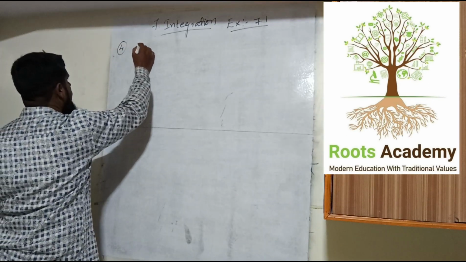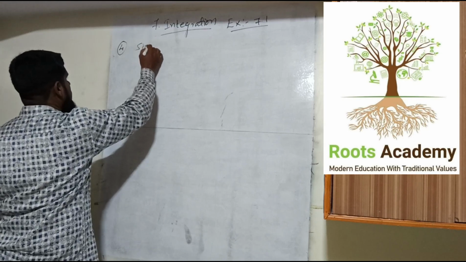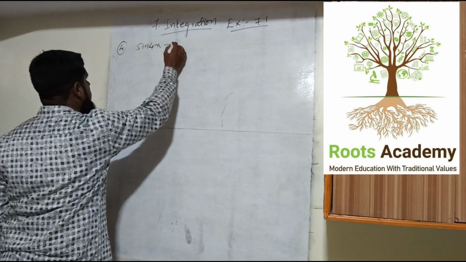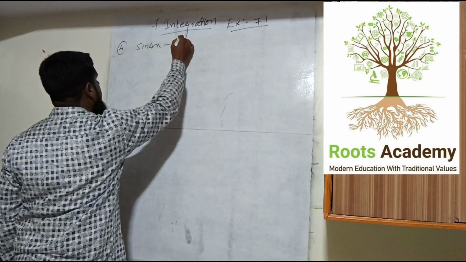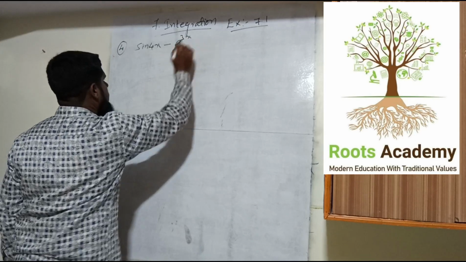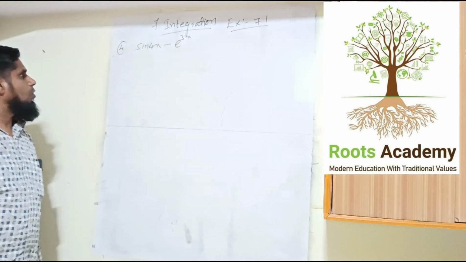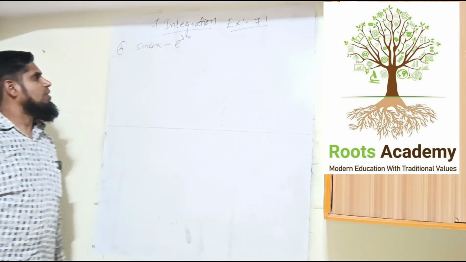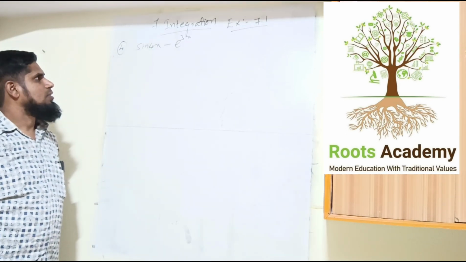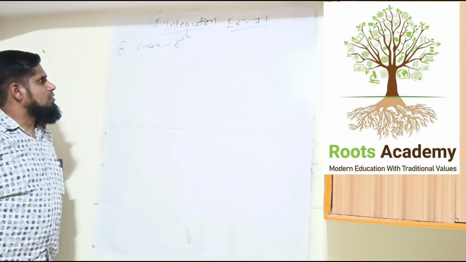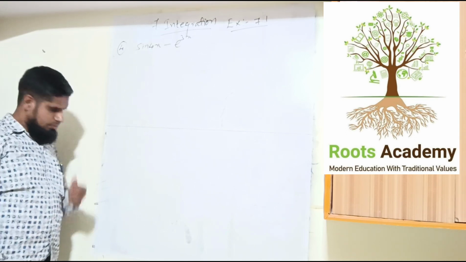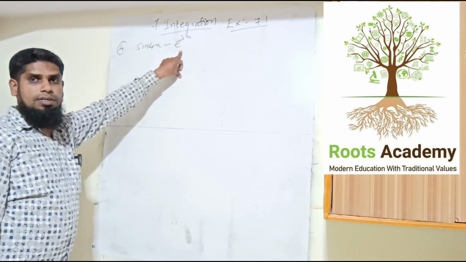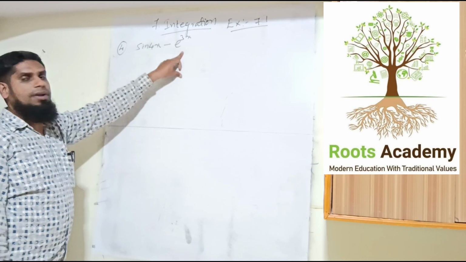Find the integral of sin 4x minus e power 3x. There are 2 terms here. We should integrate one by one.